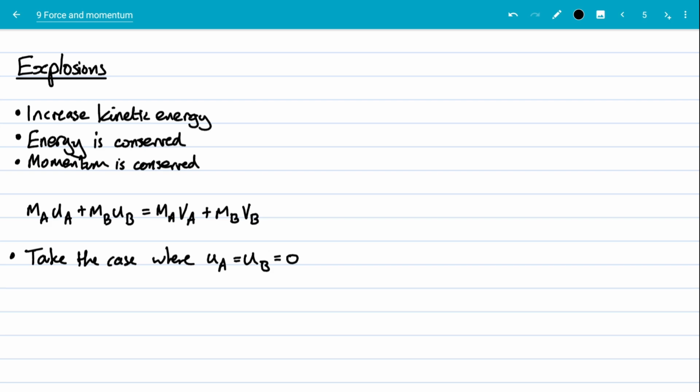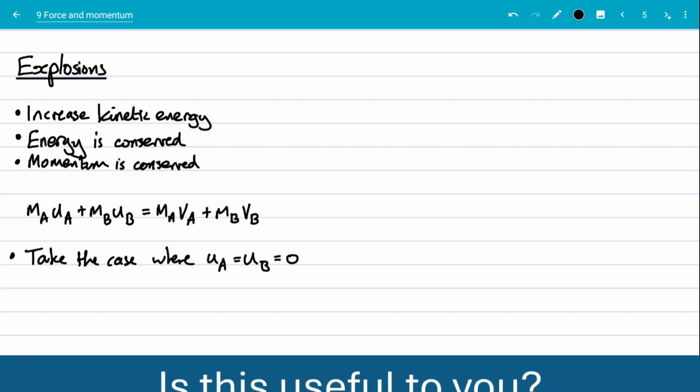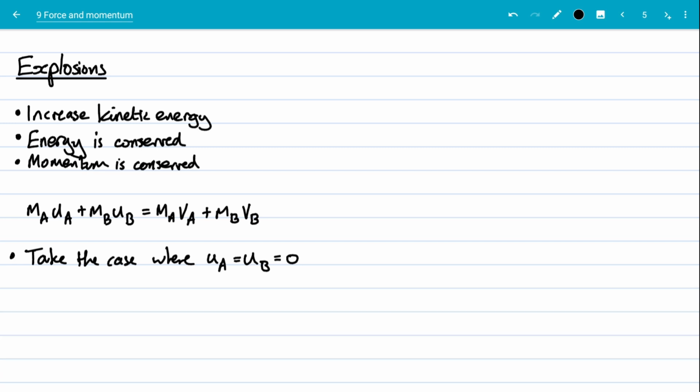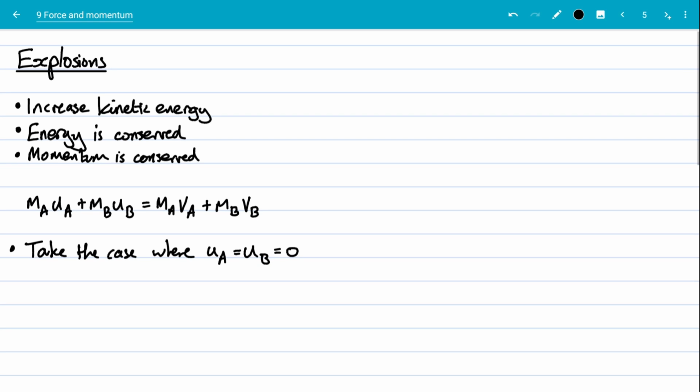Now, if it's not 0, let's say you're doing an explosion calculation but the original two objects that are initially together are moving, then all you have to do is subtract that initial velocity from all of your velocities. In other words, you shift your reference frame. And in classical physics, you do that with Galilean transformations. You just subtract that initial velocity from every velocity measurement, and it gives you your answer.